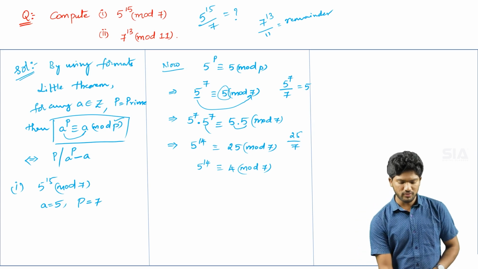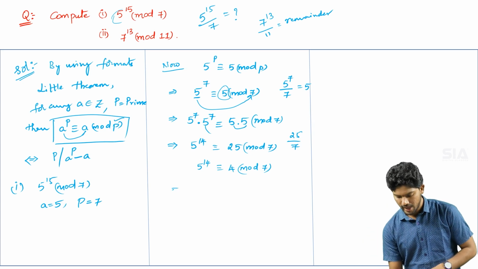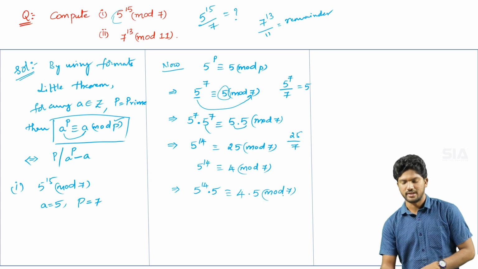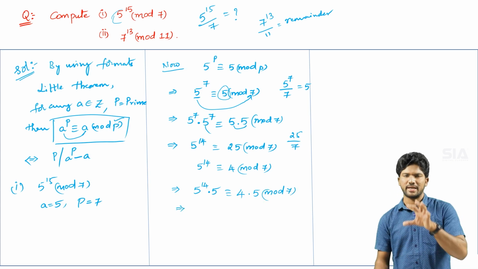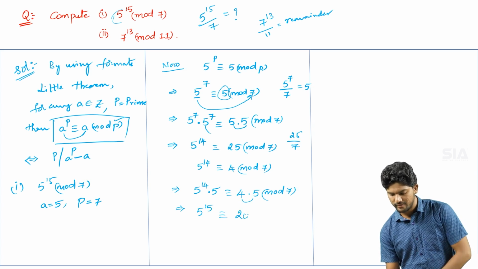But in the problem we have to find 5 power 15. So multiply by 5 on both sides: 5 power 14 into 5 is congruent to 4 into 5 modulo 7. In the LHS the bases are the same, so add the powers. 5 power 15 is congruent to 4 into 5, which is 20, mod 7.